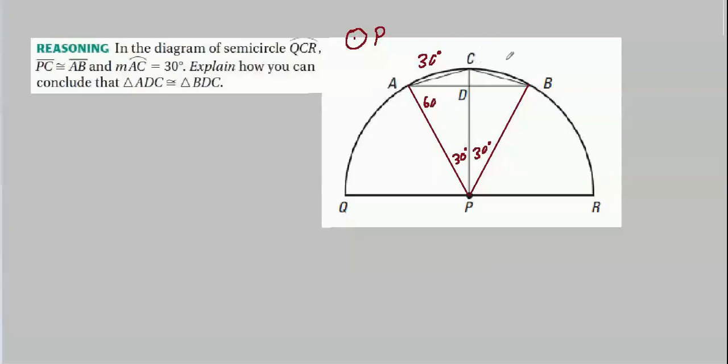And one of the things you can say about an isosceles triangle is if you draw the angle bisector between the two congruent sides, that will also be a perpendicular bisector of the opposite side.